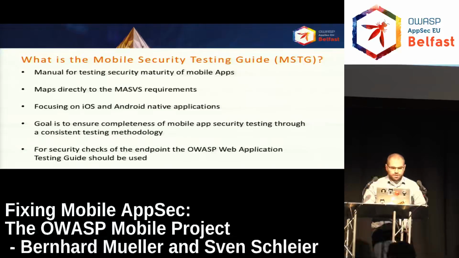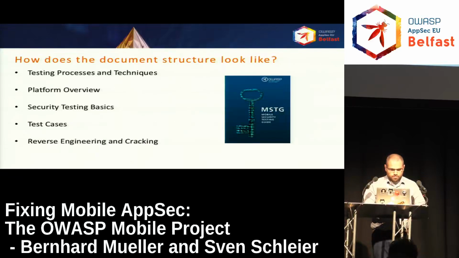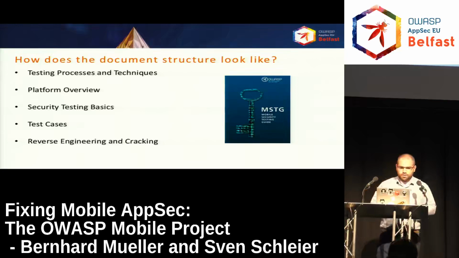For security checks of the endpoint, you should just use the OWASP web testing guide. So we do not want to create redundant content in the MSTG. Therefore, the MSTG is more client-focused here. So how does the document structure look like?